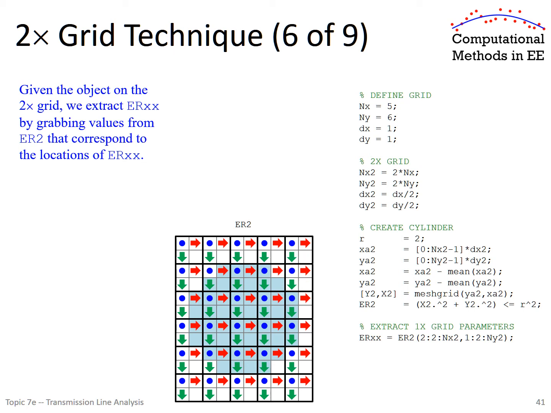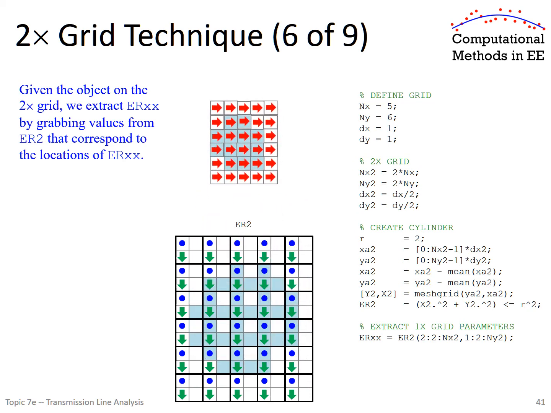And that will form the second row of our epsilon xx. Let's go ahead and animate this. So we pull all of those points off, and we now have our ordinary grid for epsilon xx. And while that seems crazy, it's done in just one line of code in MATLAB. We're just pulling off from this ER2 array everywhere the x component of the electric fields reside, and that is our epsilon xx array.